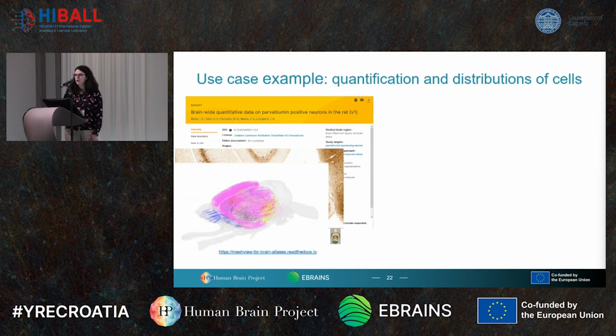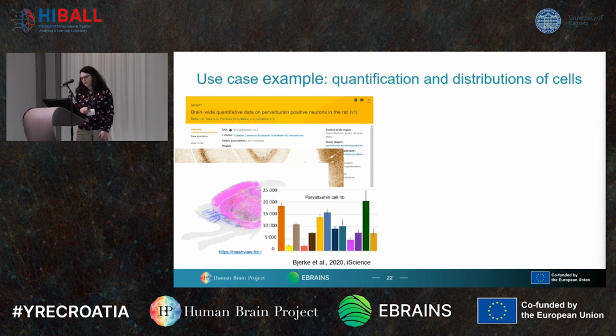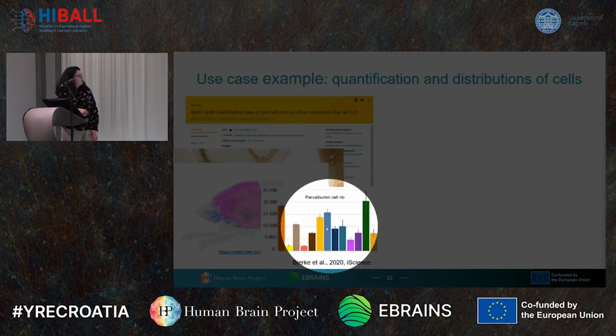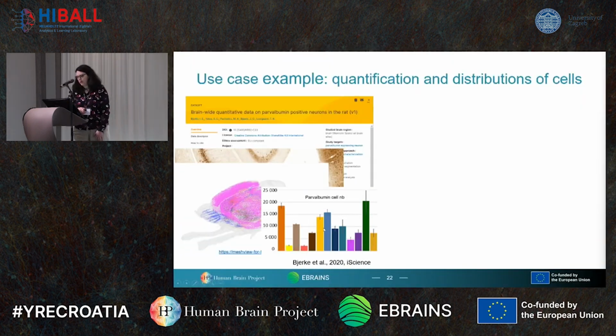And this allowed us to extract all the positions of the interneurons and transform them to point clouds, having thereby distributions like this. And then we used the Nutil software to get numbers and quantify those parvalbumin cells in the different regions, and the regions are coded by the colors. So each region is represented by a different color.